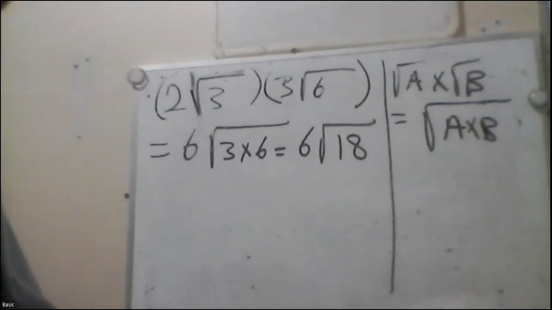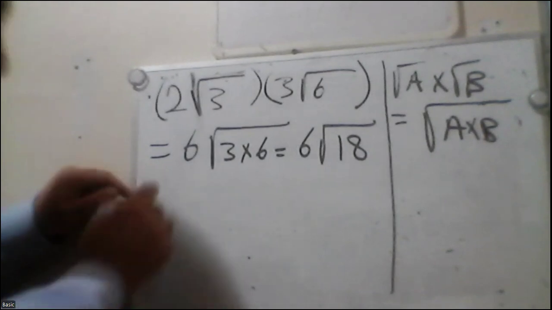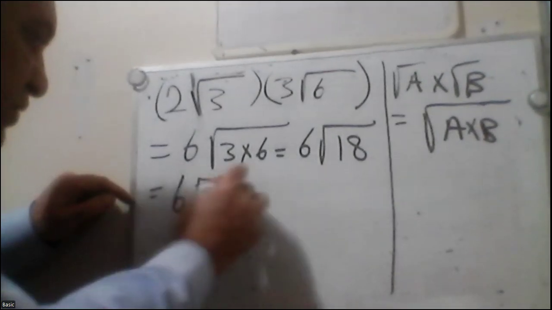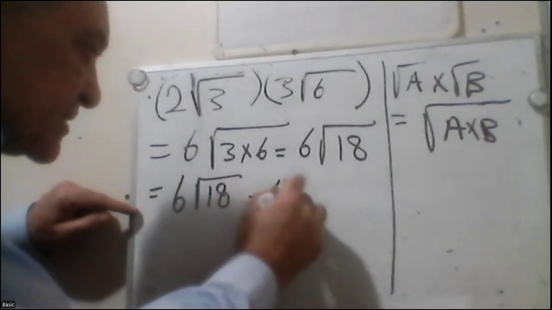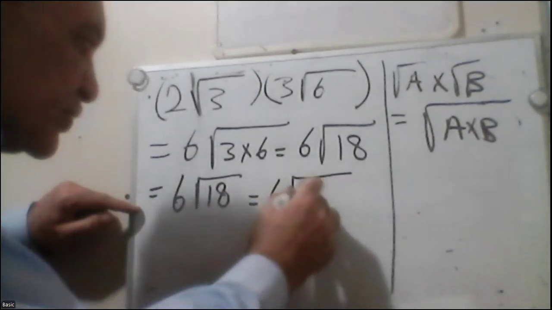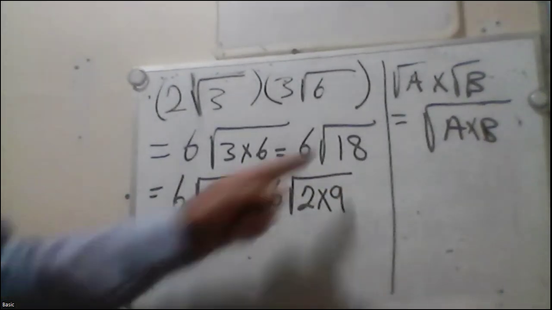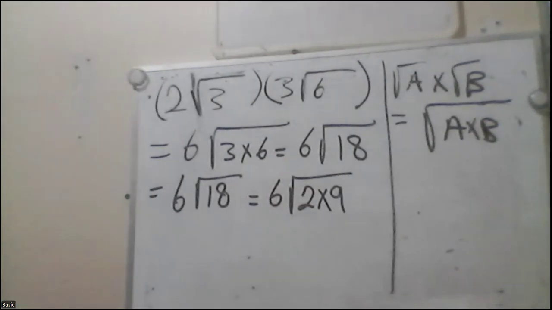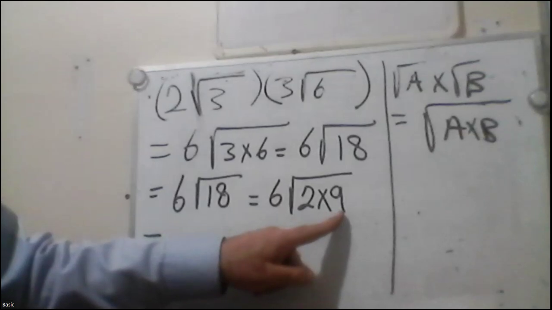Cool. That's very nice. Okay. 6 root of 18 means also that it is 6 and the root of 2 multiplied by 9, because 18 is 2 multiplied by 9. Cool, that's nice. So I can take the root of 9 outside now.